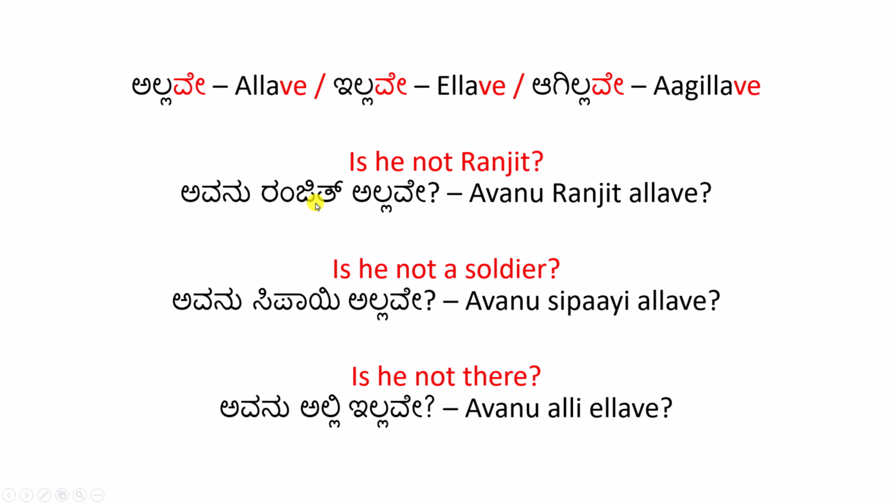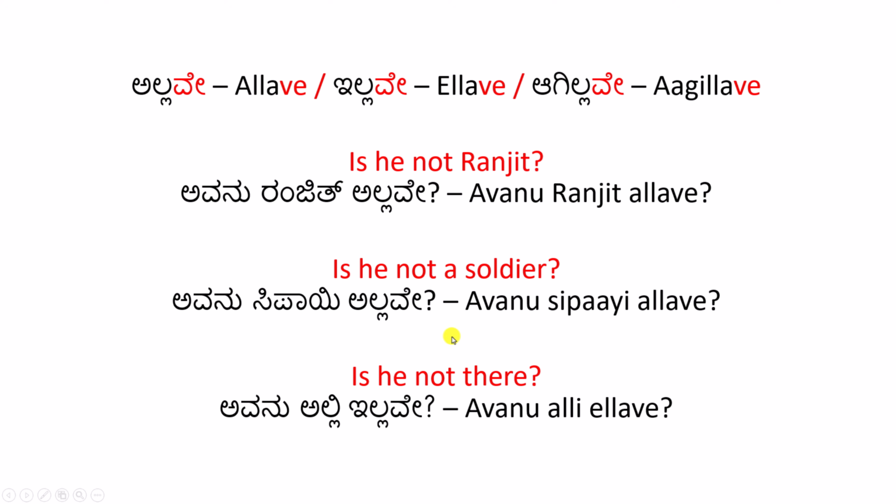They have to be said like these itself. Okay. You can use avaru or ivaru or ivanu for he. This doesn't change. So this can be avaru, but this remains allave itself. So the word for he can change. This remains the same. Alright?